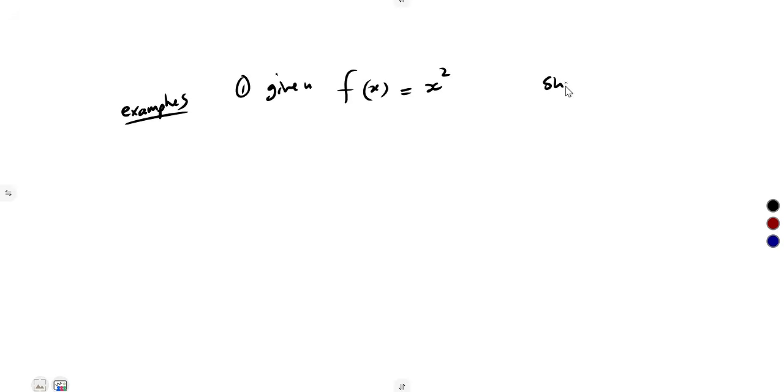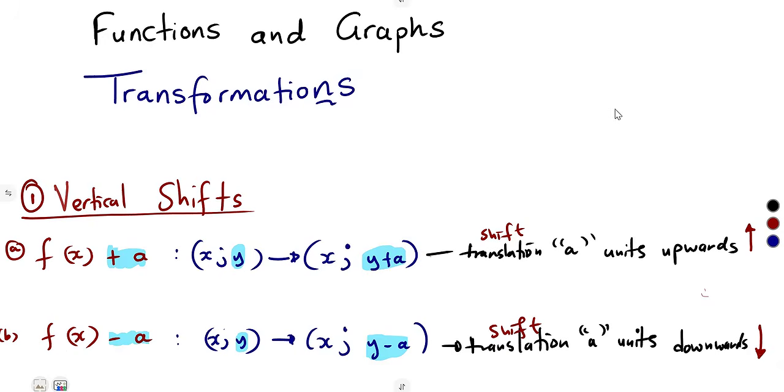Then we are being asked to shift 3 units up. As we are shifting from the original f of x, we get f of x plus a.